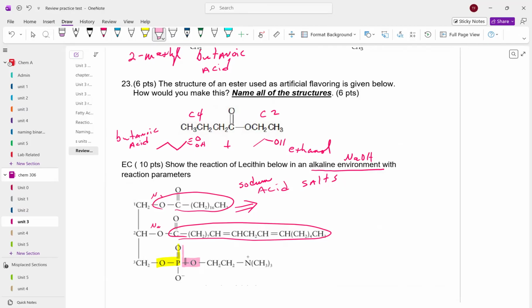So I'm going to end up, this is choline too, by the way.